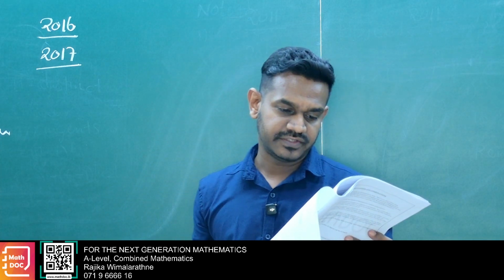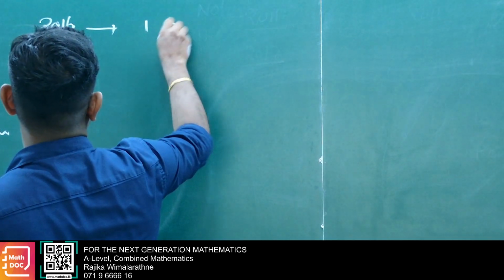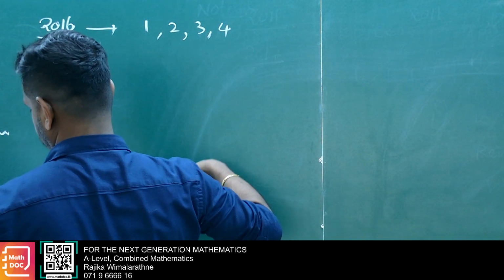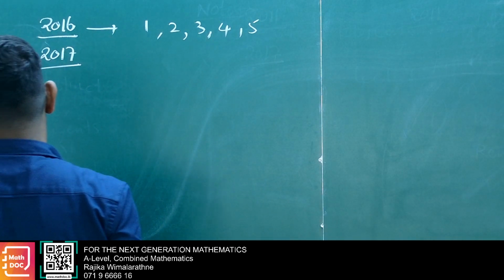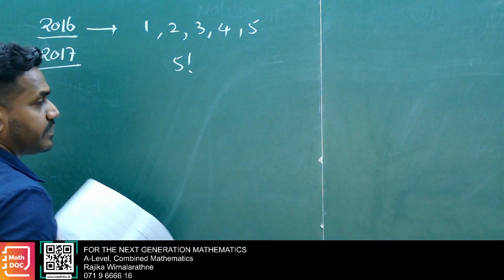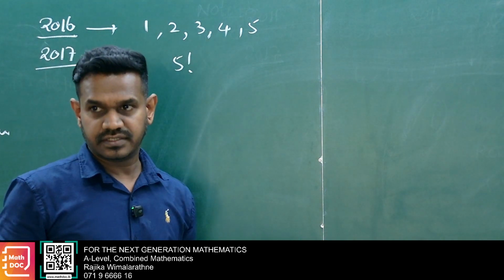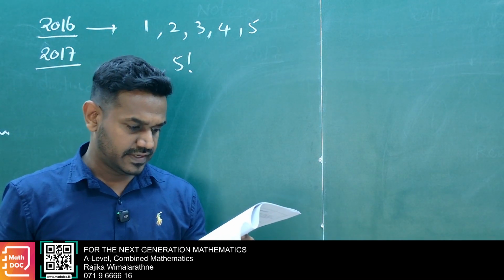Here we have the digits 1, 2, 3, 4, 5. Without repetition, total arrangements are 5 factorial. So we have 5 distinct objects to be arranged along a line without repetition, 5 factorial ways.